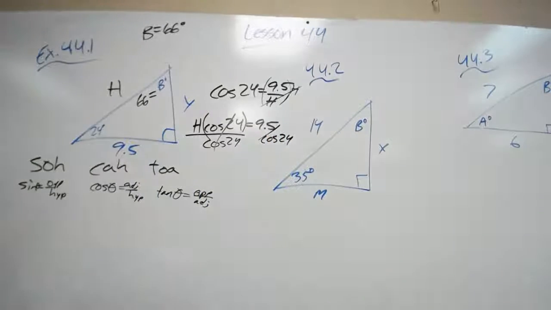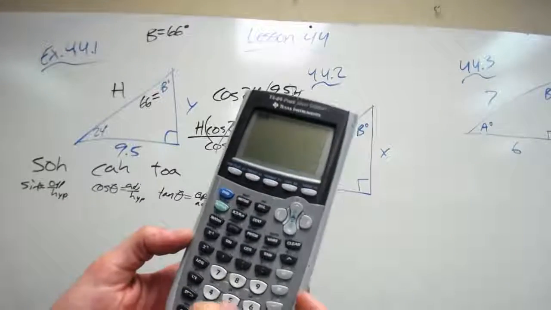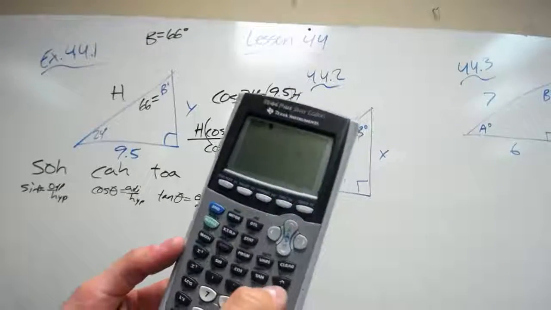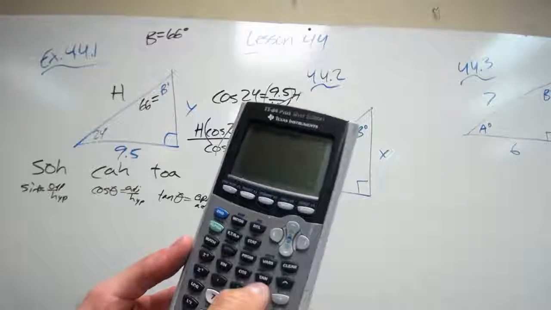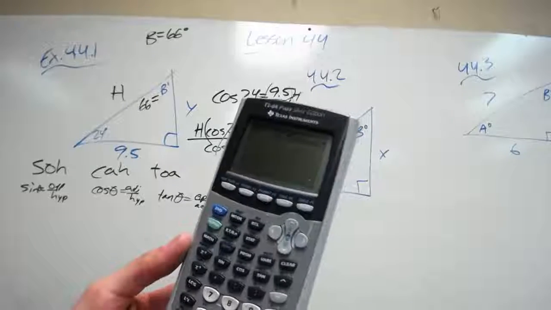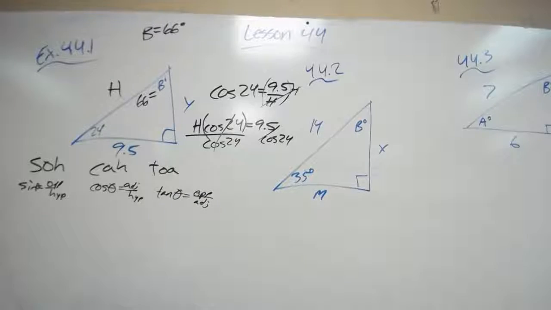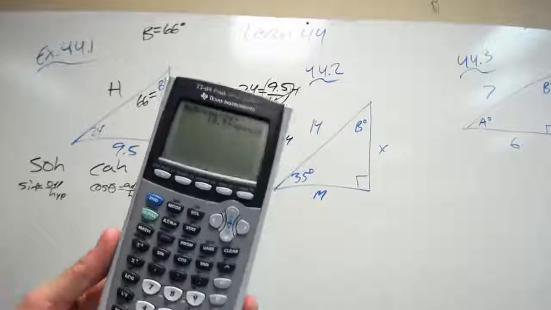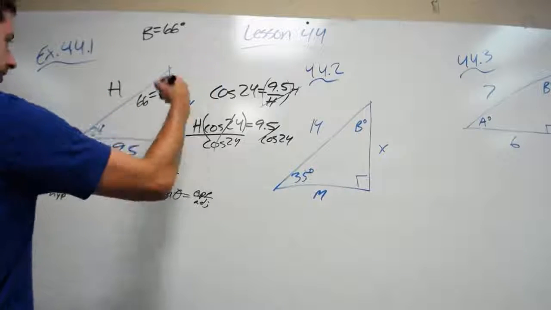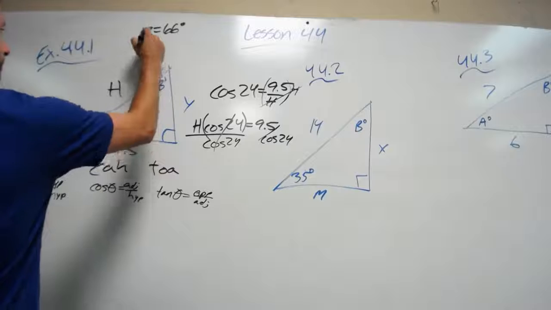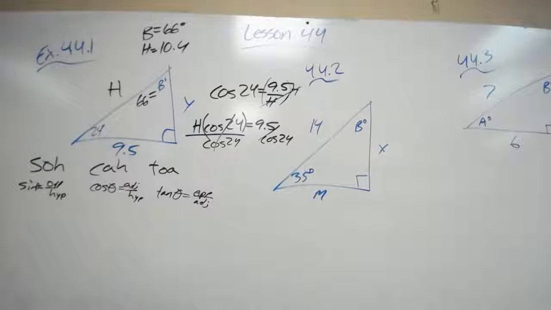Now we put that in our calculator: 9.5 divided by cosine 24 in parentheses, and then it shows that that side length would be 10.4 estimated. 10.4 is h, sorry, not y. And that makes sense. Our hypotenuse is longer than that side, so that's good.